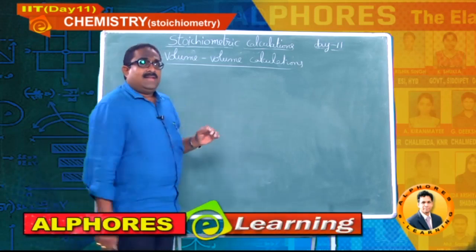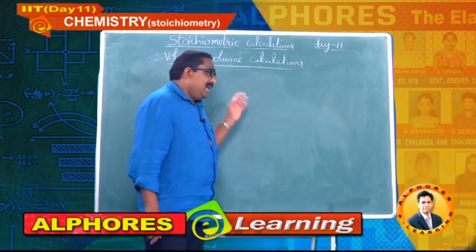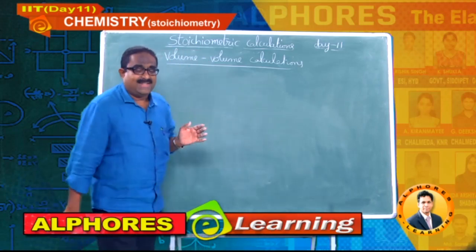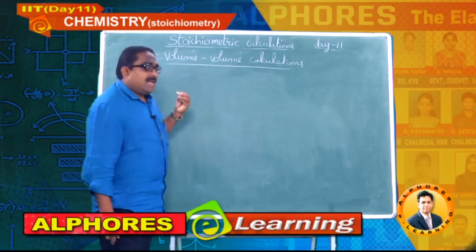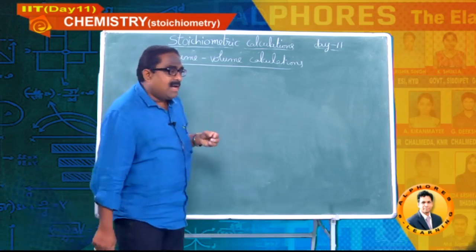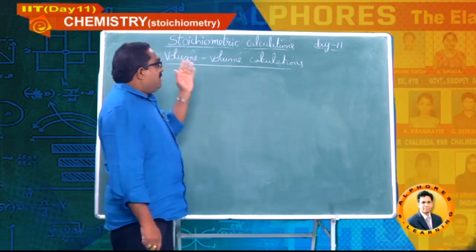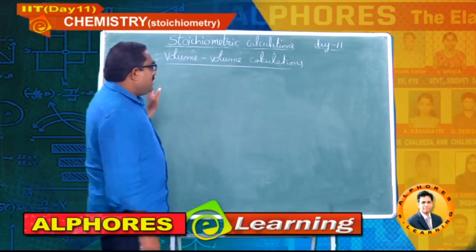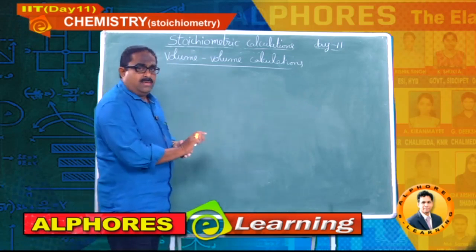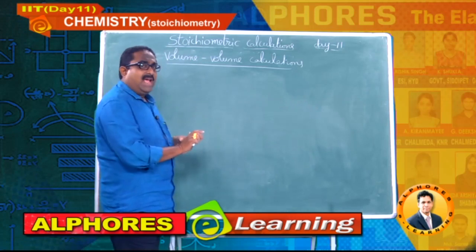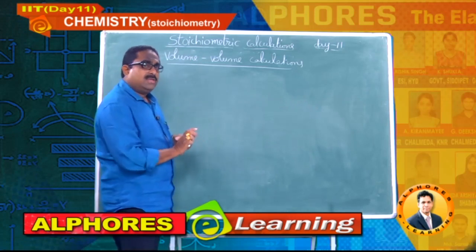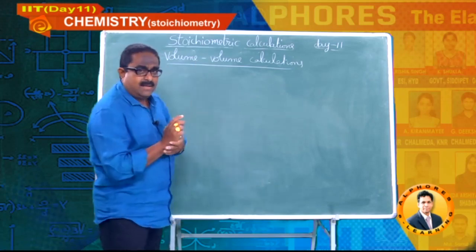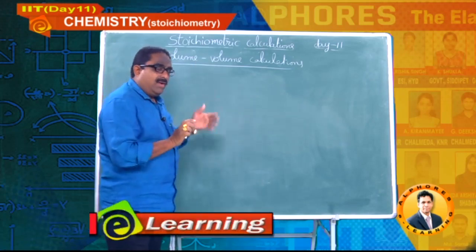Because volume means majorly the reactions which involve gases as components. So for such gas mixtures or gaseous reactions, the moles ratio is always exactly equal to the volumes ratio. So let me go through one or two examples, then I will switch over to the different types of numerical approach under this heading.